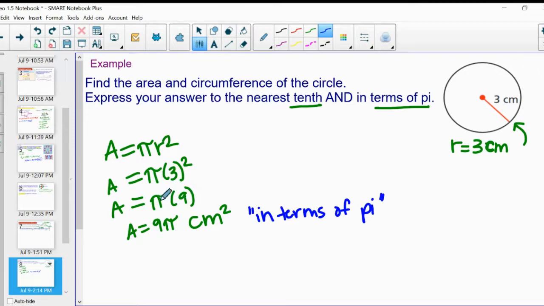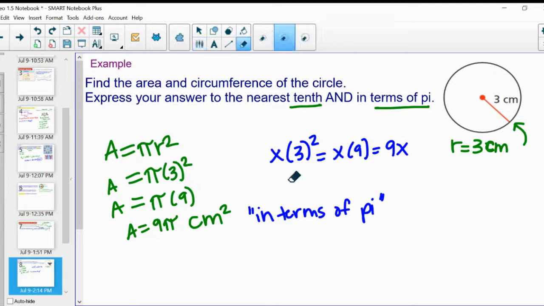When you're multiplying, just think of pi like a variable. If we had x times 3 squared, you would square the 3 and get 9, so x times 9, and then you'd rewrite it as 9x. Notice the x is just coming along for the ride. Same idea, where pi is in your formula and it's going to be in your answer.